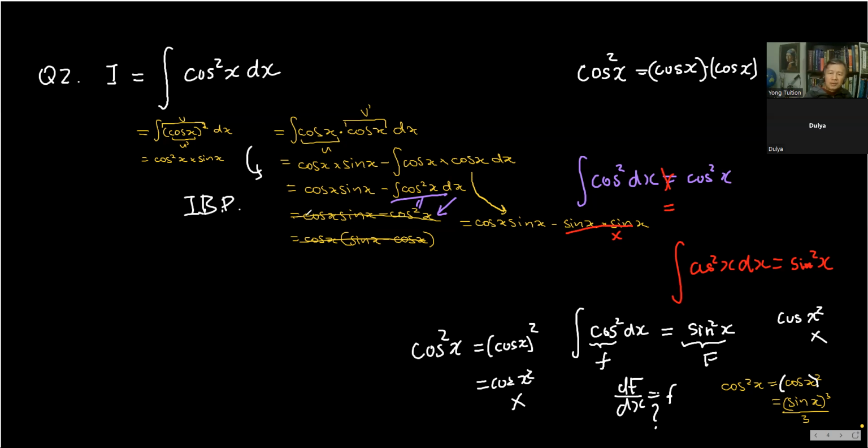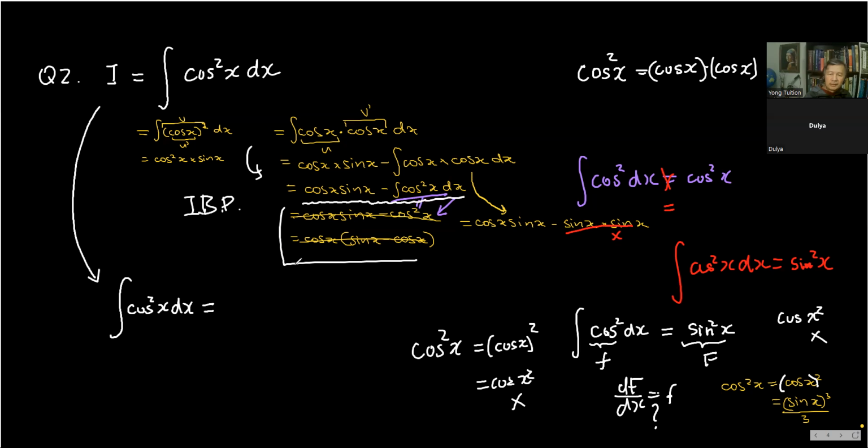Although these are irrelevant, at least let us help you. The original question is cosine square x dx, all right? Now, can you copy our result based on integration by parts on the right-hand side of the equation?